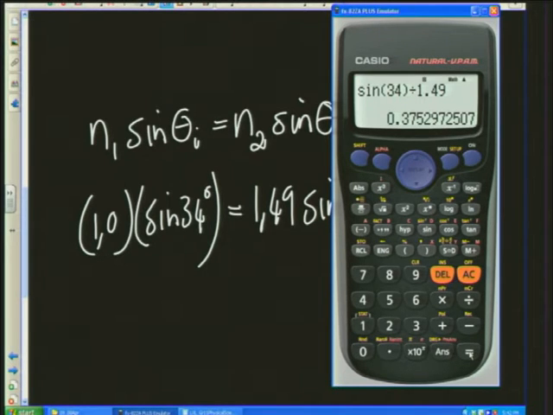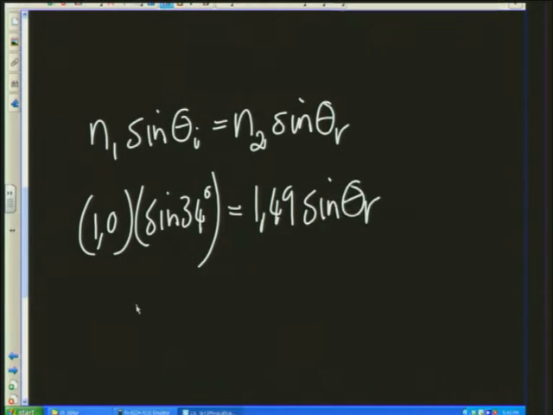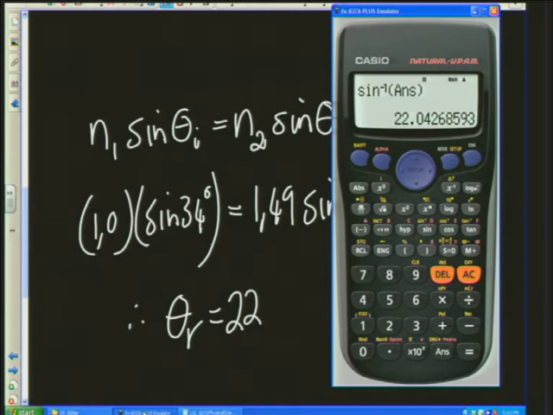So I'm going to go second function, or shift sine of my answer, and hopefully it will give me the right answer and tell me that the angle that I want is 22,04 degrees. I'm going to round that off and say, therefore, we can say angle of refraction is 22, and if I just rounded it off, it was 22,04.